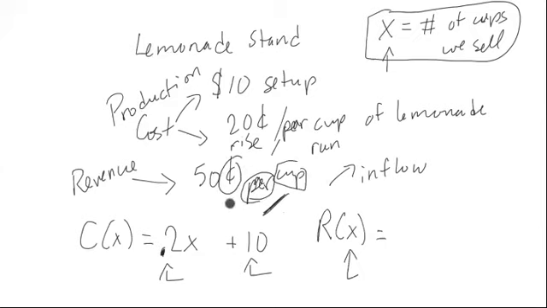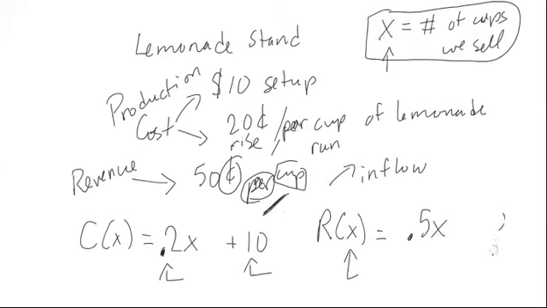If you ever see some unit per some other unit, you can automatically assume that is a slope. So rise over run. 50 cents per cup. We're looking at 0.5x, and if we don't sell any cups, we get no revenue. So plus 0 is our intercept, and we can just ignore that. That is our revenue function.